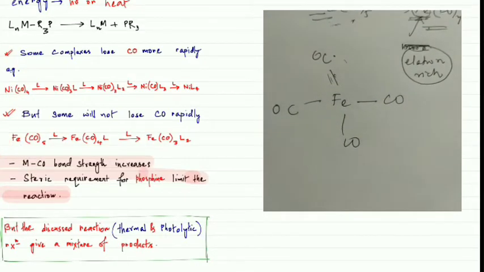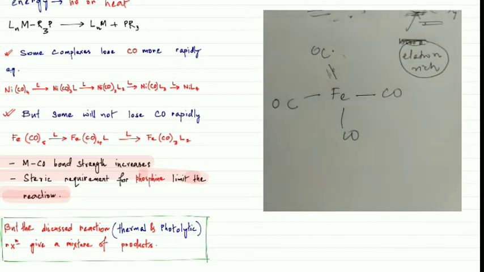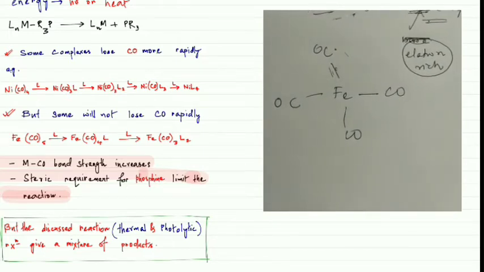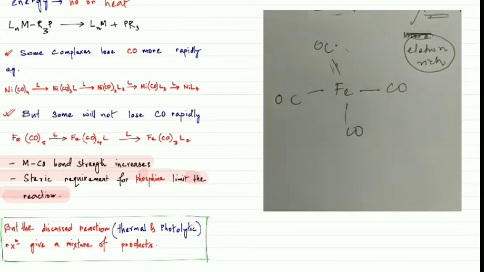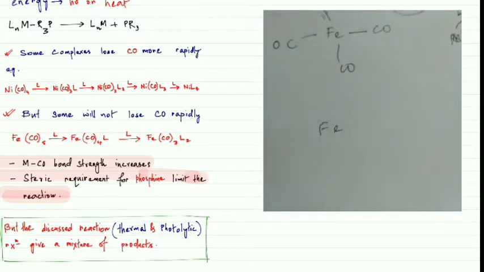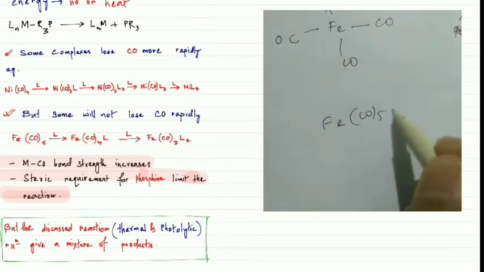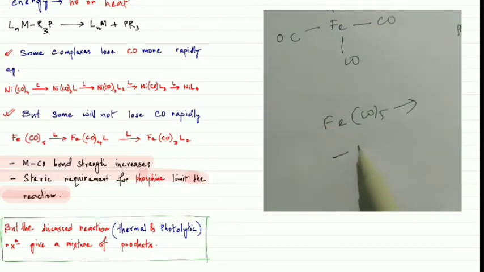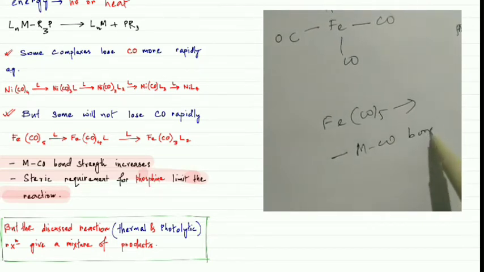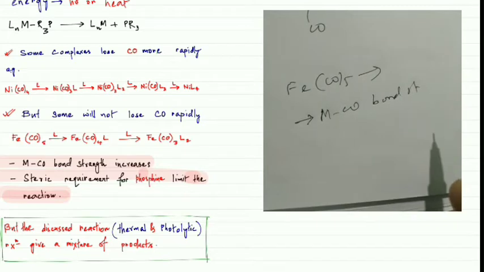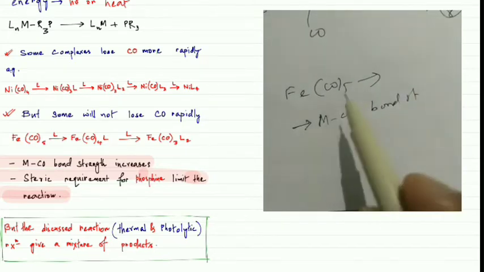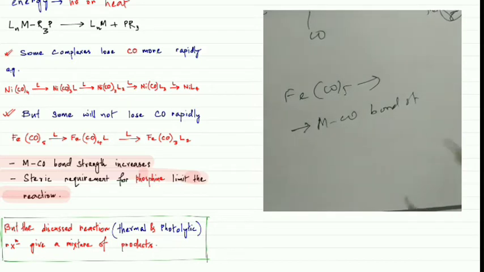Also, if you notice in the notes or the PDF that you are able to find, it is written that the reasons behind the slow rate of this Fe(CO)5 reaction are, first, the M-CO bond strength, that means the strength of the metal and carbonyl bond, will increase because of the extent of back bonding.